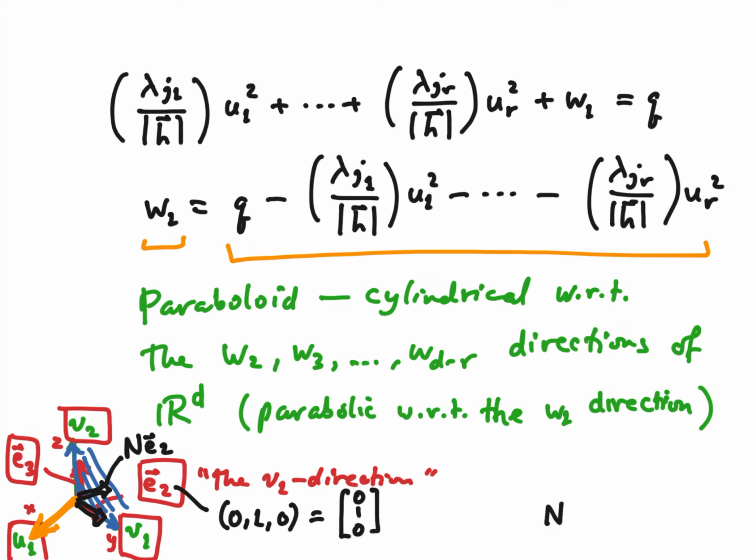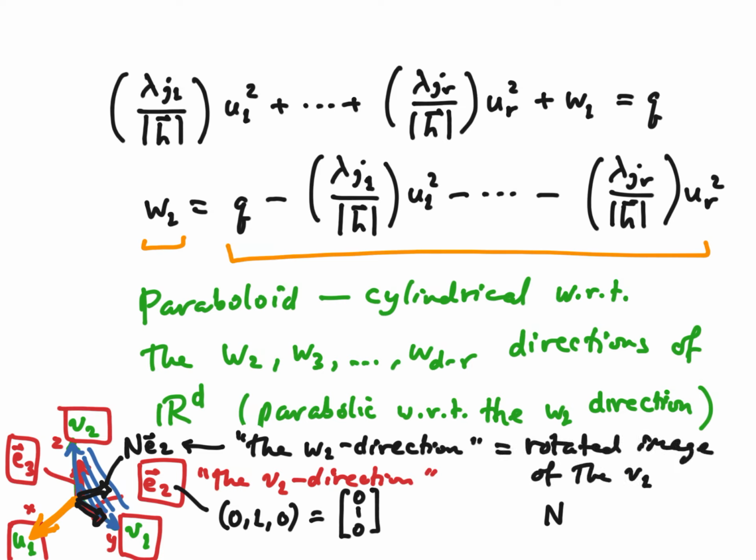If you take the matrix N, that rotation matrix, and multiply it by e2, you get the rotated image of the v1 direction. And that rotated image is what I mean by the w1 direction. The w1 direction is just the rotated image of the v1 direction under the rotation N that we just found.